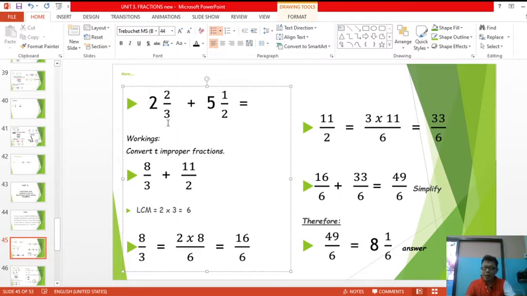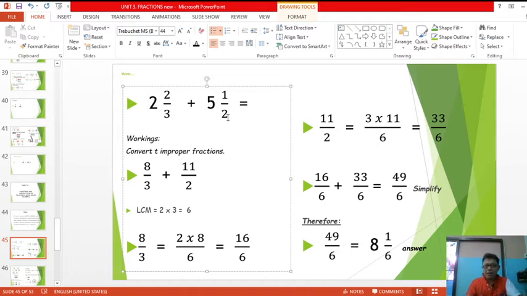So here we have 3 times 2 is 6, plus 2 is 8. Of course your denominator is the same, 8/3. Now do the other mixed number. Convert this into an improper fraction too.